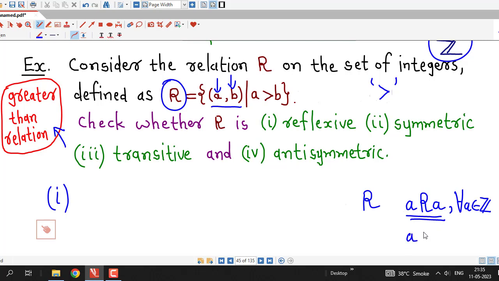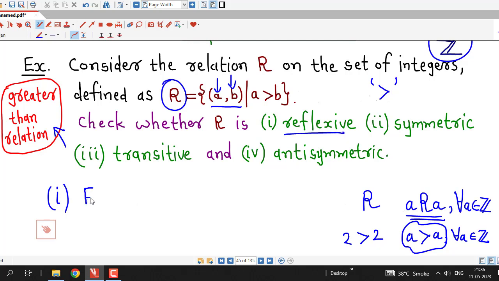Here the relation is greater than, so we have to check whether a is greater than a for all a in the set of integers, and we know that this is not possible. An element cannot be greater than itself. We cannot write that 2 is greater than 2. Therefore this relation is not reflexive.